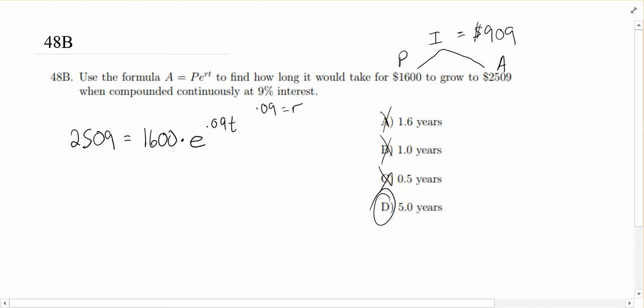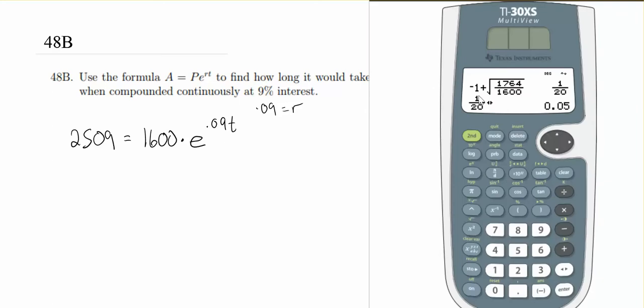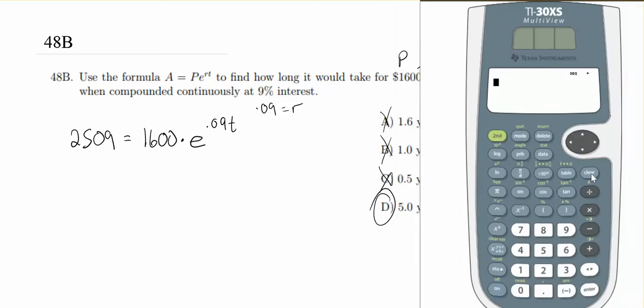Now, honestly, it probably would not be a horrible idea at this point for you to just grab your calculator and start plugging in those values. And to say, if I had 1600 e, so there's my e to the 0.09 times 1.6.